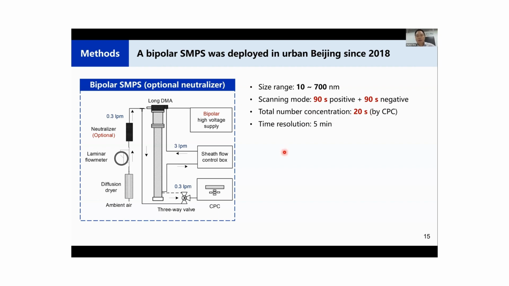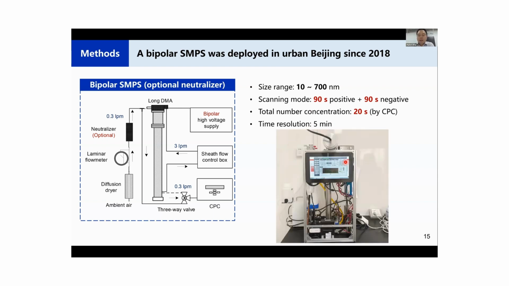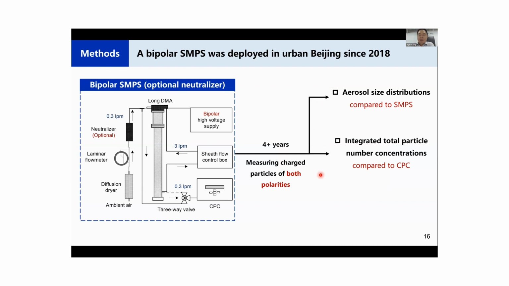For the atmospheric measurement, the typical resolution we have is 5 minutes, which we often use for long-term measurement. This is the newest version of the instrument we are using here. Now we have more than 4 years of data.